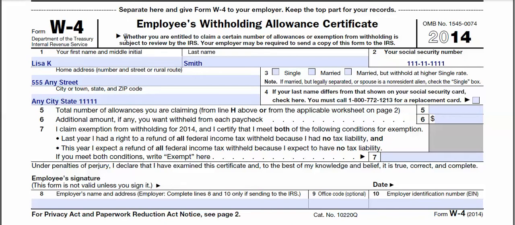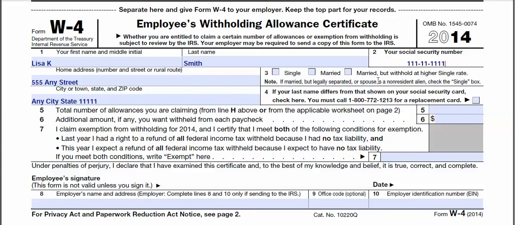It will then ask you for your marital status: single, married, or it lists married but withhold at a higher single rate. Some people are confused by that third box.